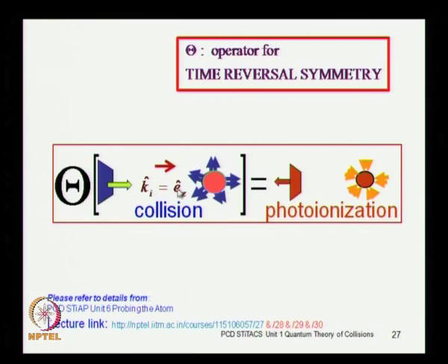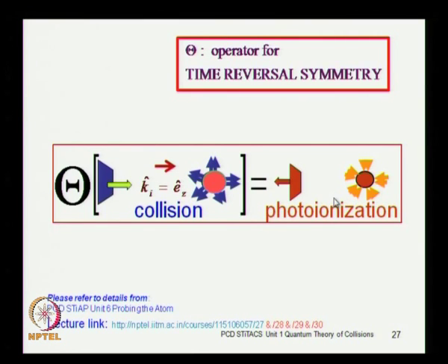So, the unit vector Ez is along this, the momentum vector Ki is along the z axis, and this plane wave interacts with the target potential which is centered over here, and you have an outgoing spherical wave as a result of this scattering. So, this is what you get in a collision experiment.